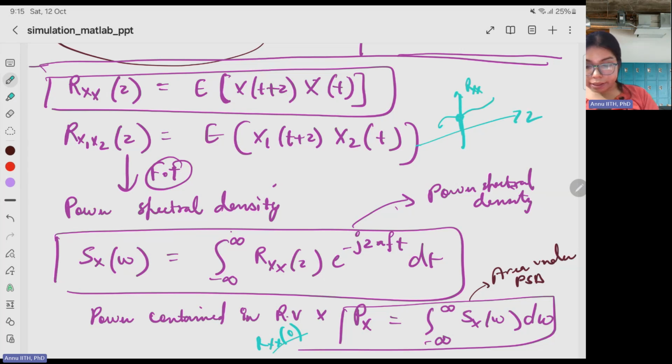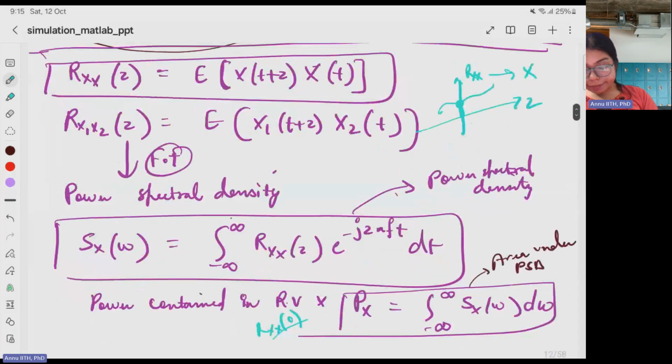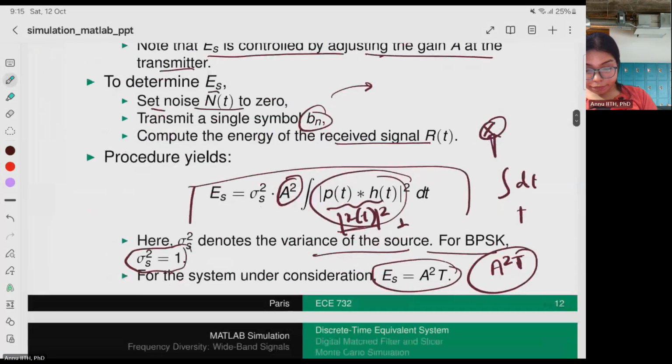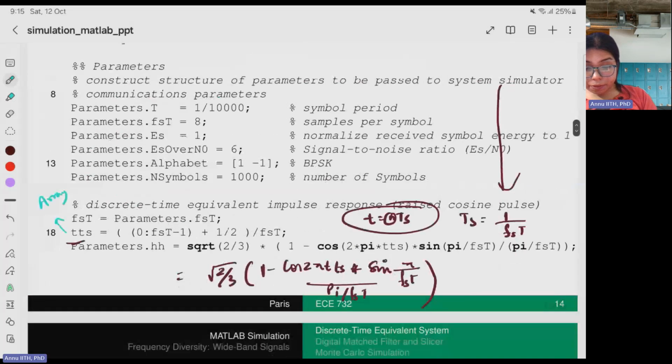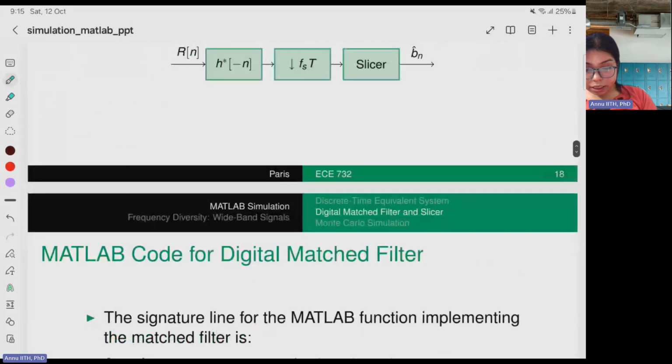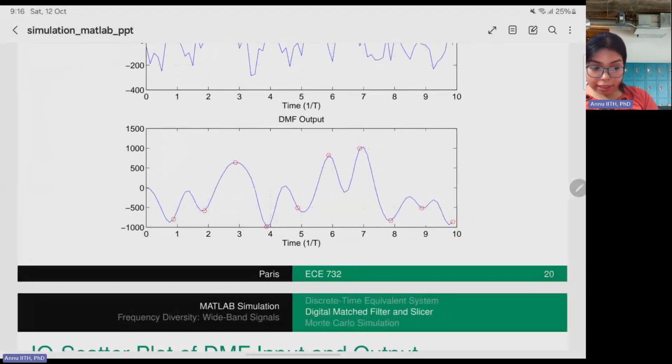This is the power contained in the signal x. That can be calculated using the power spectral density as well. And we saw these types of questions perfectly. The next doubt was from week 8.